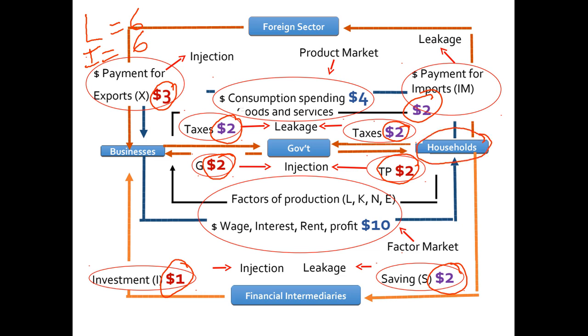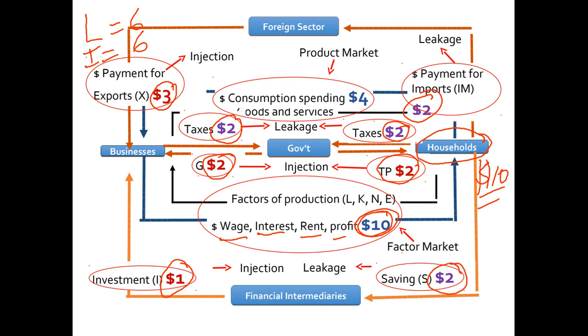Household sector receives $10 by selling its factors of production. You can see here, this is $10. So $10 basically covers all these four different types of income.